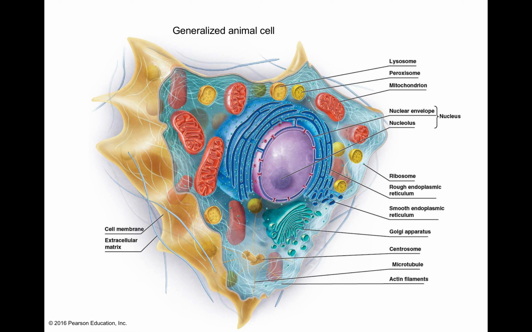Peroxisome, which looks like the same sort of thing in this diagram, and they can be difficult to distinguish from lysosomes, except that peroxisomes tend to have very high concentration of an enzyme called catalase.